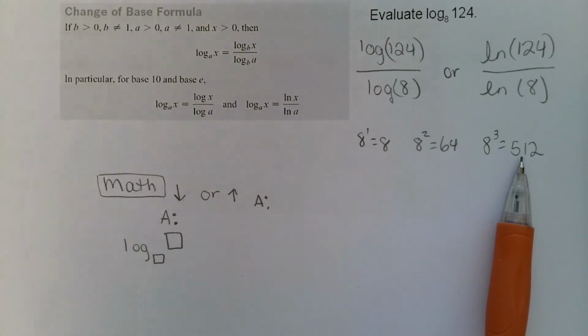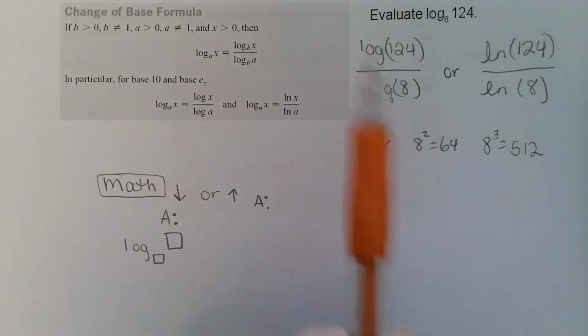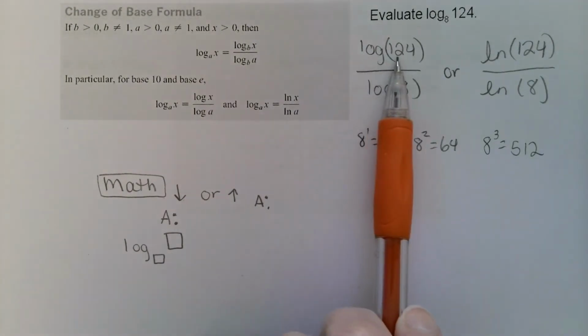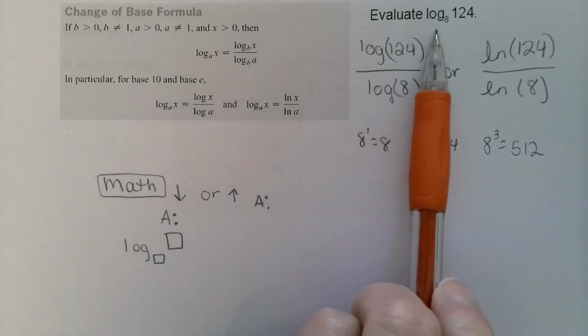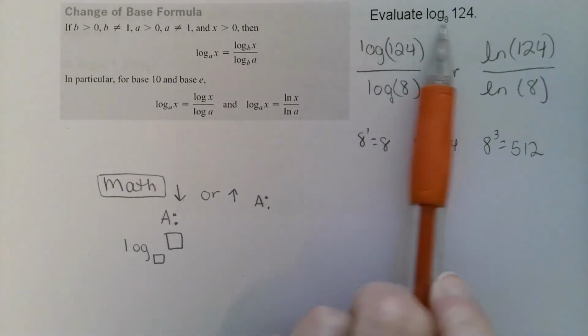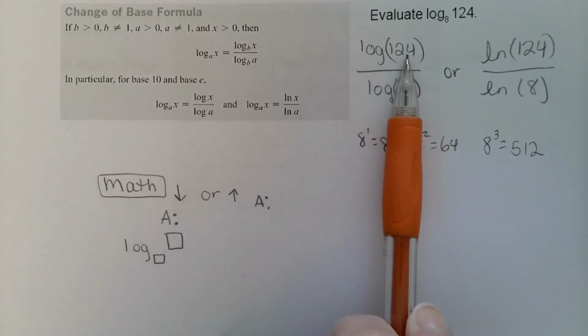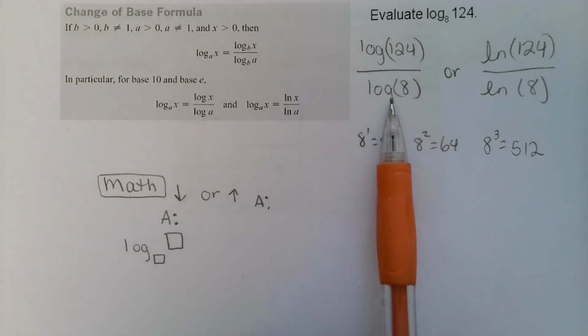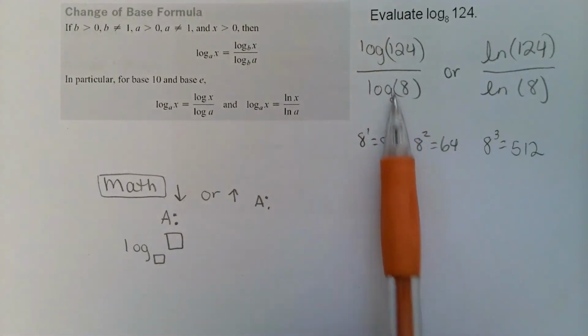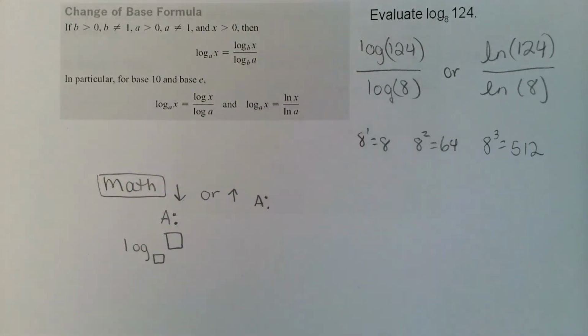So we can use what we call the change of base formula, in which we calculate in our calculator the log base 10 of 124 divided by the log base 10 of 8. I don't have a log base 8 button, but I have a log base 10 button.